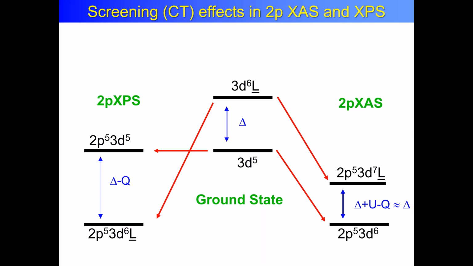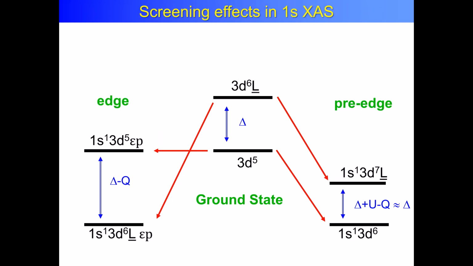So this was a soft X-ray intermezzo, but now I switch back to K-edges, because this is exactly the difference between the pre-edge and the edge. The pre-edge is a self-screened quadrupole excitation, so it's a 1s 3d excitation. And you can use multiplet theory again because it's self-screened, so in first approximation you can forget about all screening.